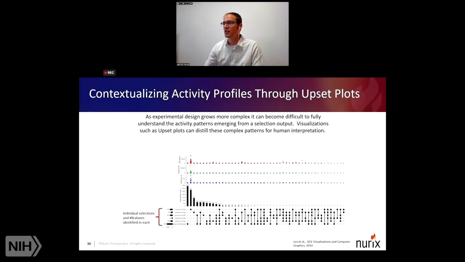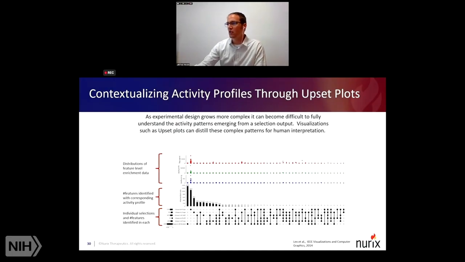So here, each individual selection is labeled as a row in this table. And what we're seeing with these different patterns are the number of features that are showing up in a given combination of selections. And we're further going to annotate the number of features that are present in each of these different patterns, as well as some information about the enrichment of those underlying features.